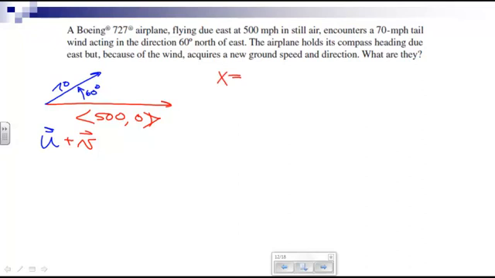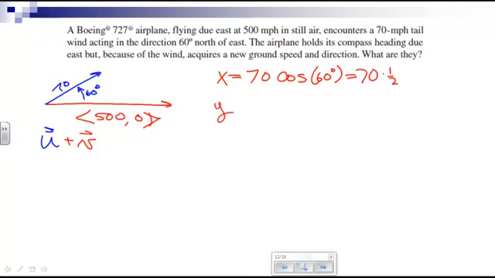X is the magnitude times cosine of 60 degrees. 70 times the cosine of 60 degrees is 1 over 2. Do we not know our cosines of 60?